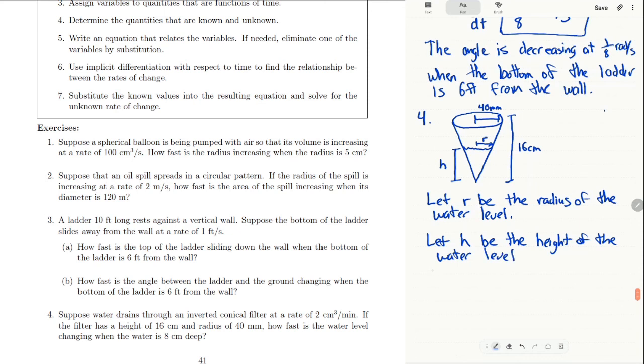And we'll also let V be the volume of the water in the filter.